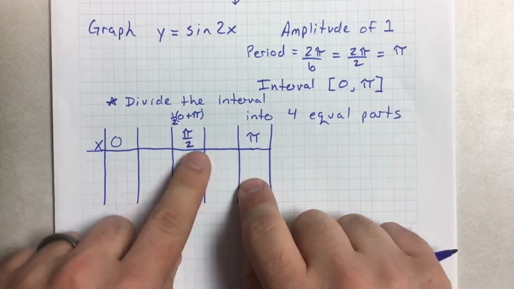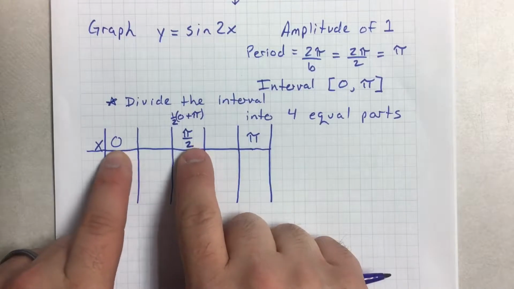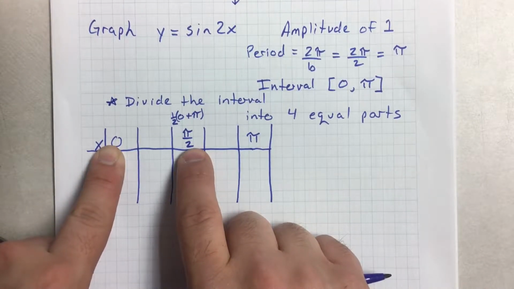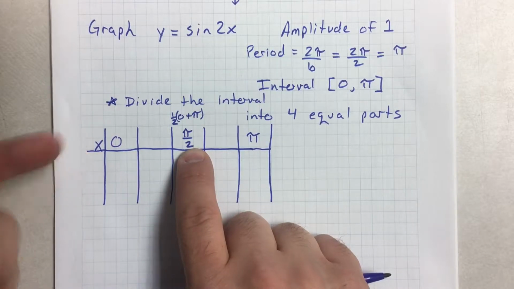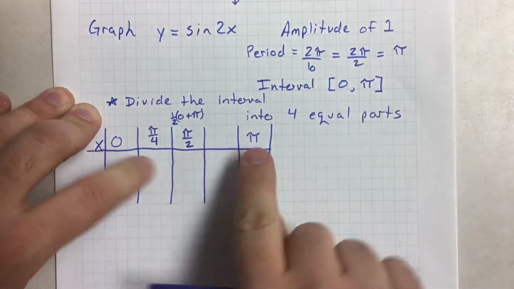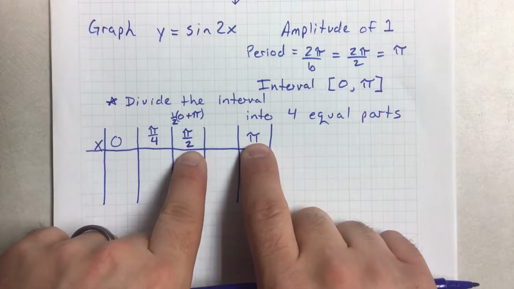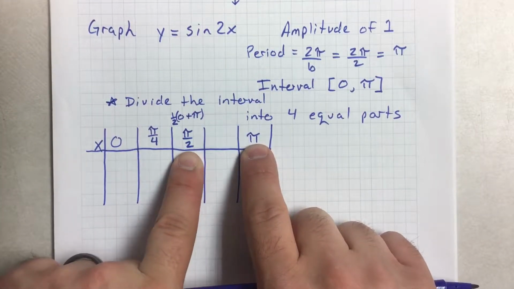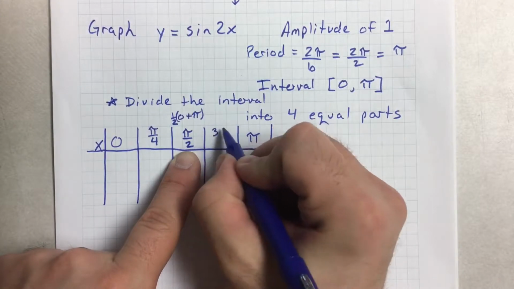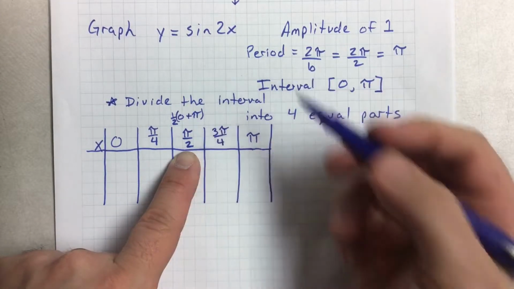Then the next section: I take 0 plus pi over 2 and divide that by 2, which gives us pi over 4. And then pi over 2 plus pi, that would be 3 pi over 2, divided by 2, or just 3 pi over 4.